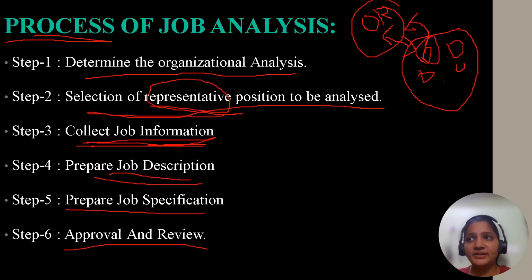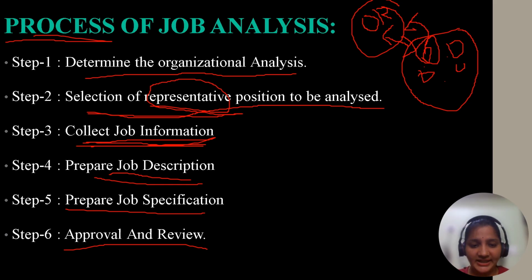What was collected in the third step, now they are organizing into an important document that is called job description. In short, we say it as JD. When you apply for a job, you will find this job description there. If possible, I'll show you an example in the next video where we discuss more about this. Got it? It's a written statement about all the skills required, all the tasks to do and the responsibilities.